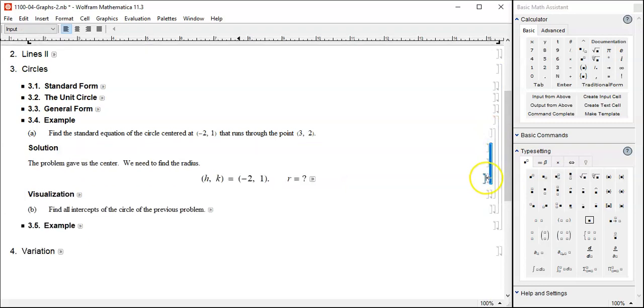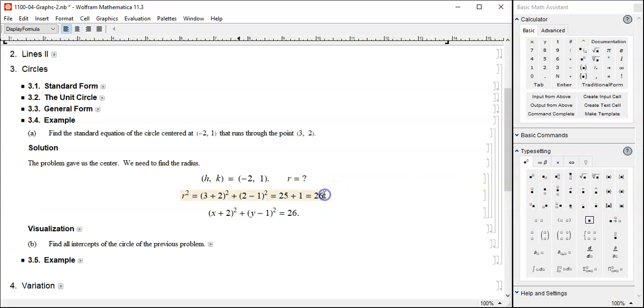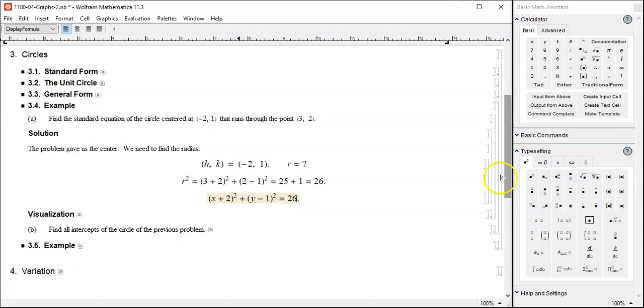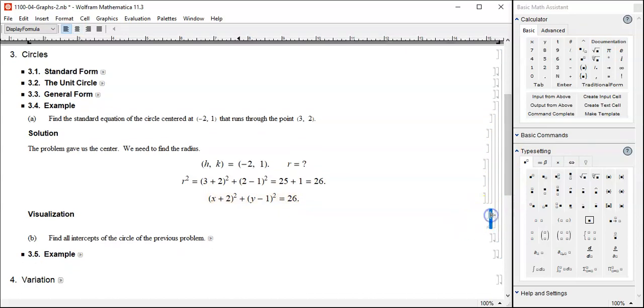The solution. The center is there. For the radius, we use the distance formula. That's 26. Find the standard equation of the circle, center and radius, but I did not complete the problem here.